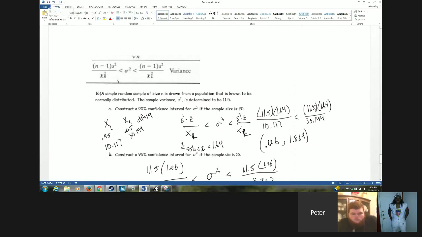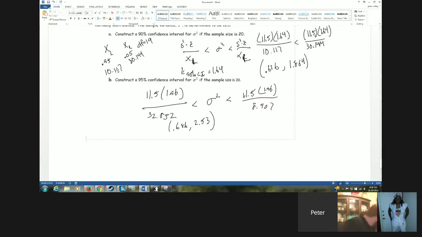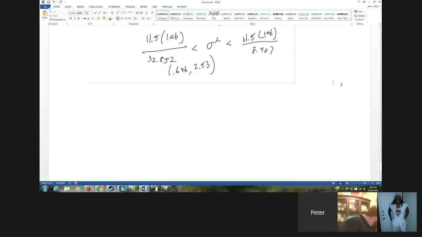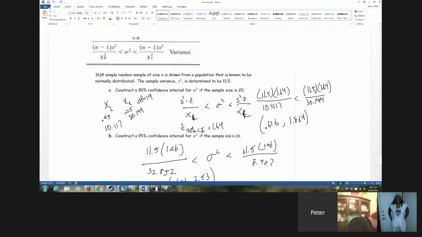Then I also need the variance. Oh wow, I just realized I completely set this up wrong in class. Well, we're going to do it correctly now. The variance is 11.5, and then I need the chi-square values from the chart.